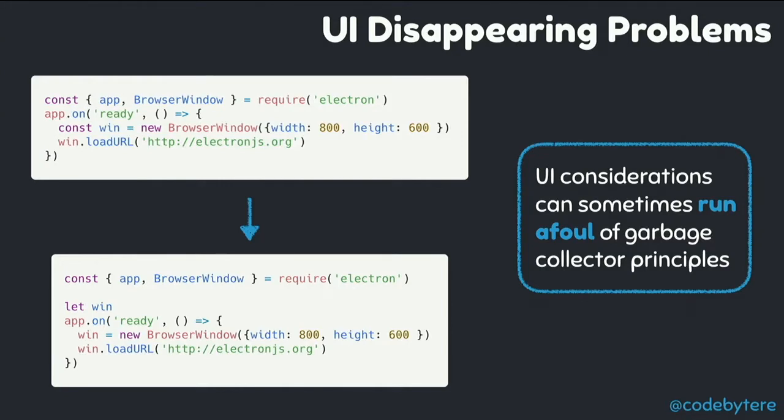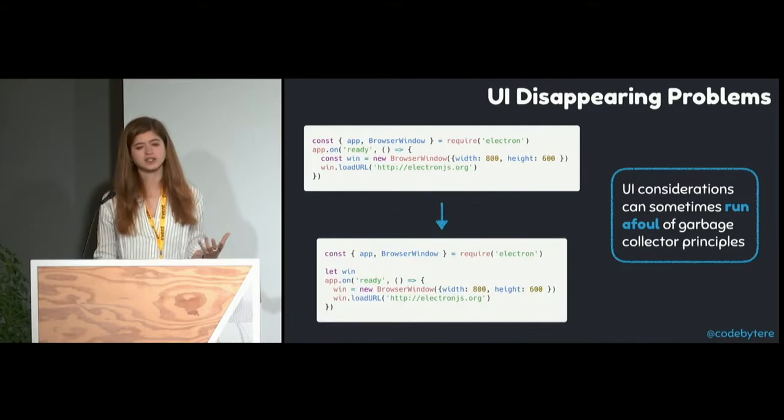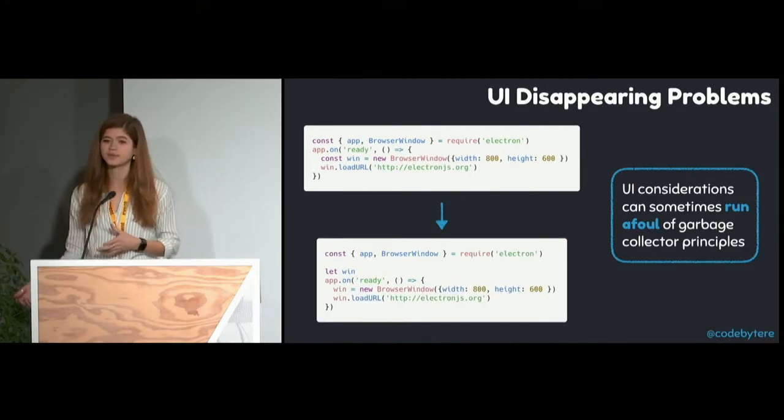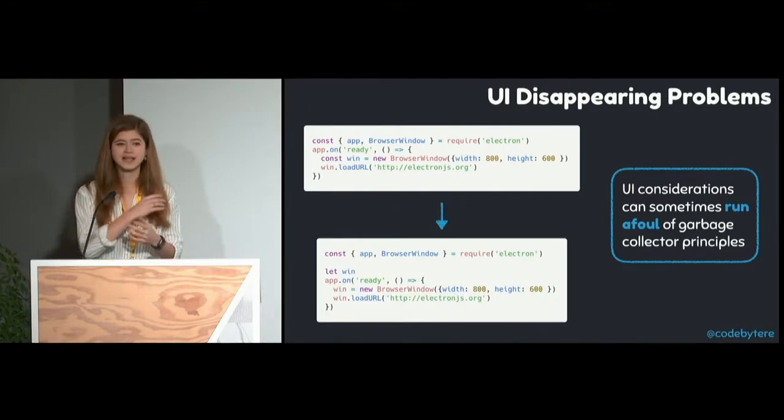As such, if you run the code in the snippet you can see on the screen right there, you'll find that this window will actually just disappear on you within a few minutes. What's happened is that since you've instantiated the variable in a listener callback, the window variable is going to go out of scope. And so the V8 garbage collector has taken this as its cue that piece of memory can be deallocated and swept away.